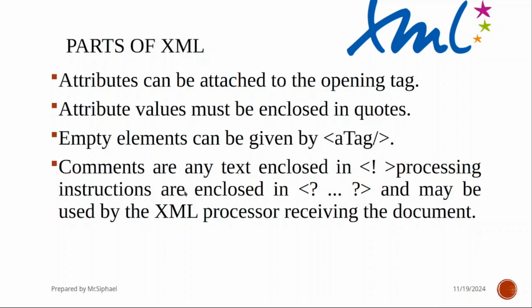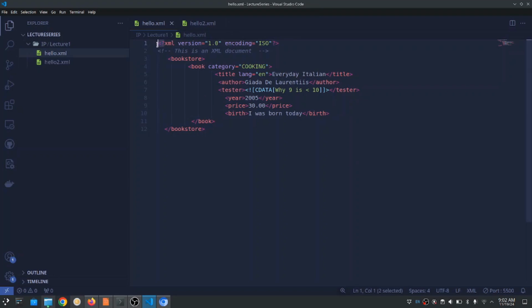Processing instructions, which are available in the prologue part, are defined by these signs right here. You can see right here, these signs are what define the processing part. Okay, so if I want to add a comment, for example, I can just say, hi, I am a comment.